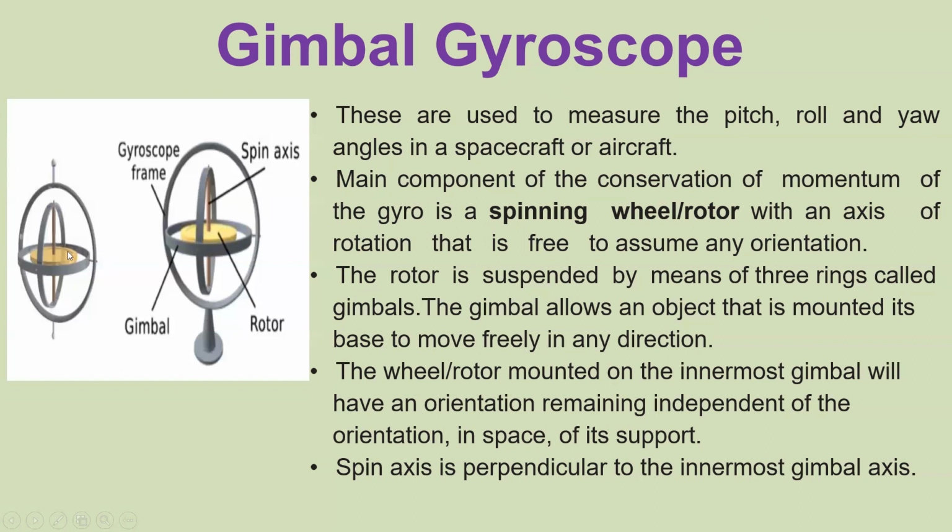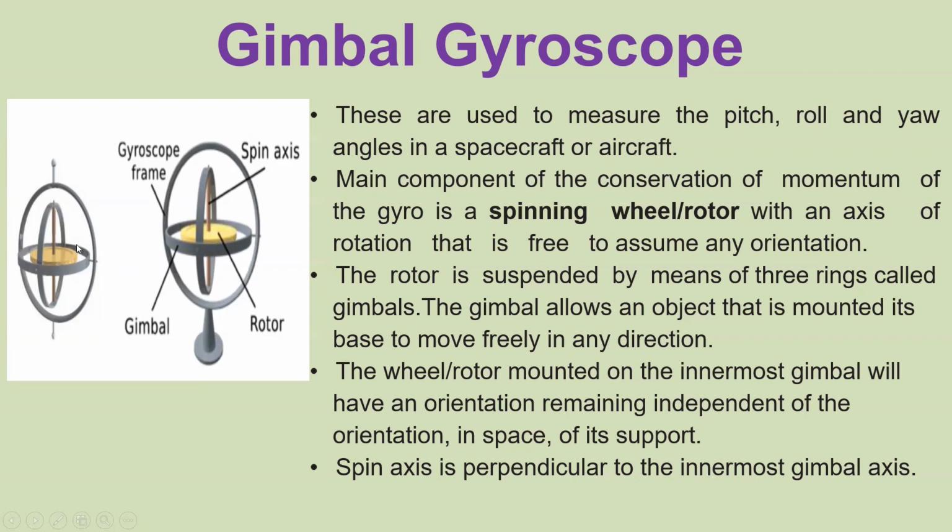So this is the rotor. So we have two diagrams. This is the rotor and it has a spinning axis. This is the spinning axis. And this rotor is rotating around its spinning axis.